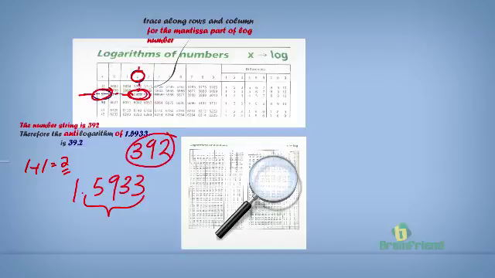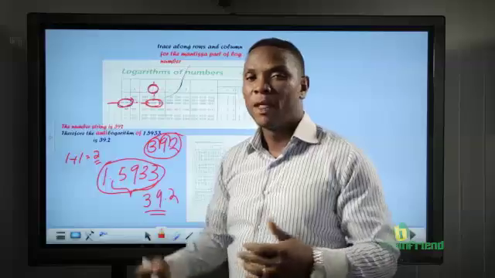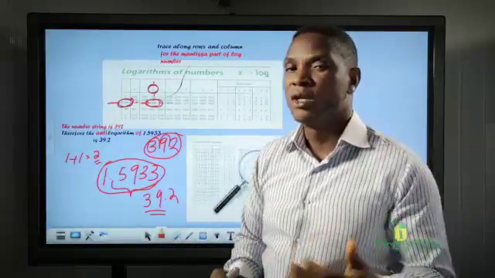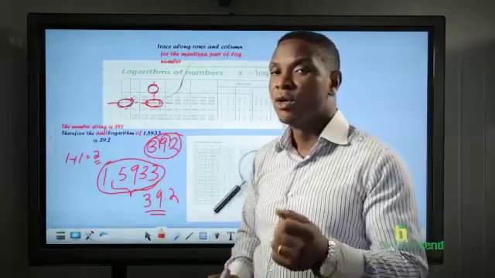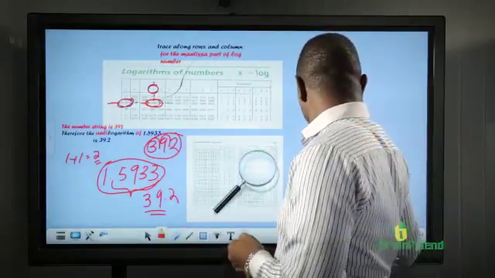Applying the integral parts of what we determined earlier, 2 digits before the decimal point, we'll move our decimal point once, twice, to get 39.2. And this is the anti-logarithm of 1.5933. That's the second method we can use in finding the anti-logarithms of our given logarithm numbers.